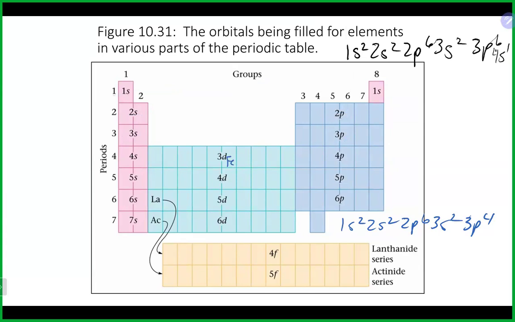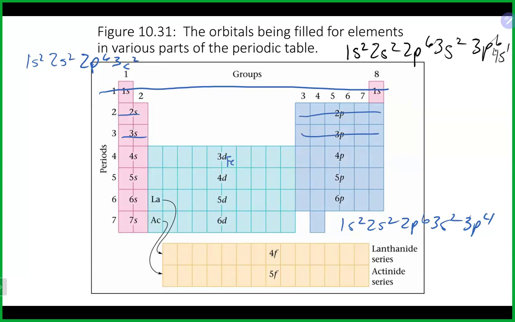Once again, coming this way: 1s2, 2s2, 2p6, 3s2, 3p6. Remember here again, 4s is next.